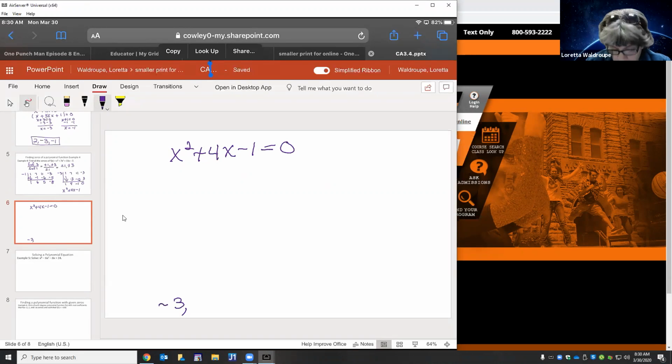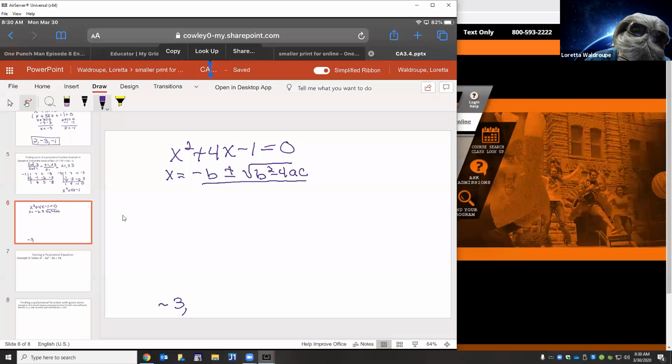We've already done synthetic division. So remember, your quadratic formula is -b plus or minus the square root of b squared minus 4ac all over 2a.